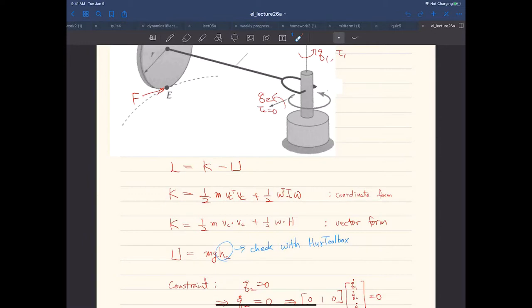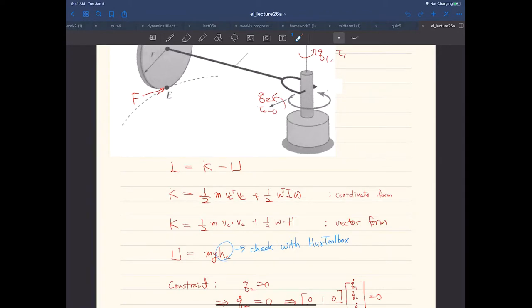Okay, it has to have fairly complicated dynamics. That means it has to be in three dimensions. It has to involve at least two or more generalized coordinates. Okay, so that means it's multi-body dynamics.